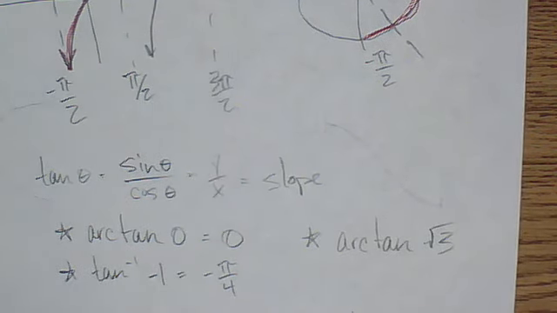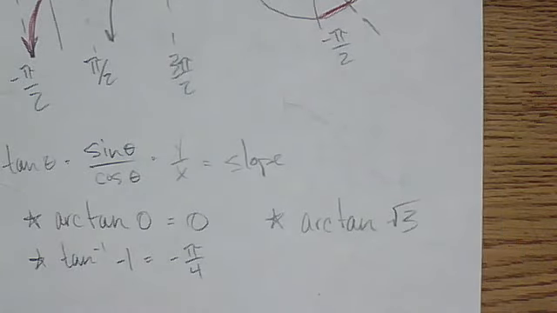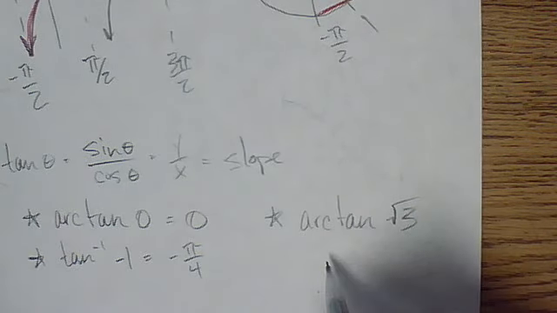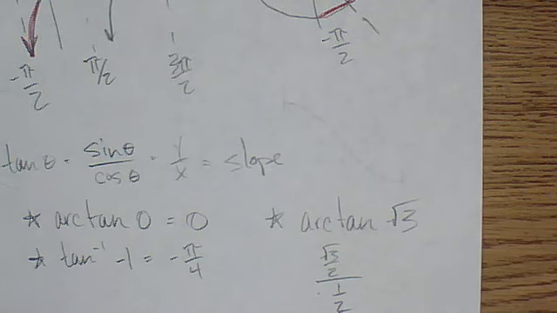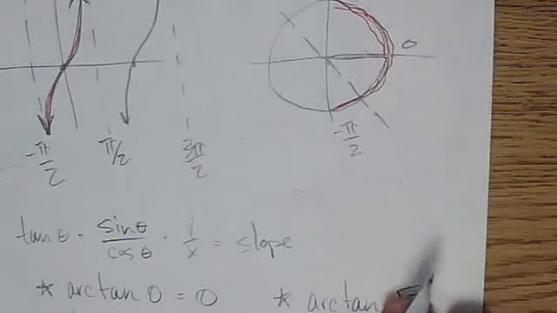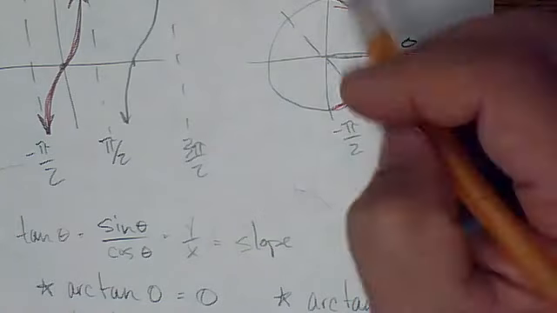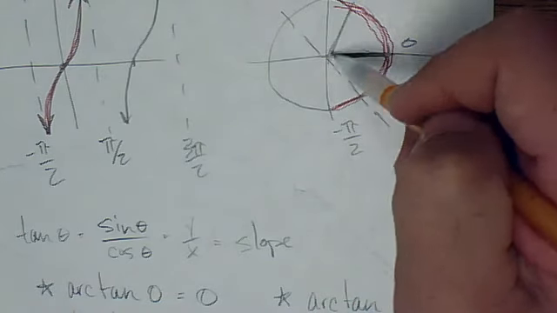So the arctan of square root of 3, that is where your sine is square root of 3 over 2, and your cosine is 1/2. So where does that take place? Let's see, right up here at pi over 3.